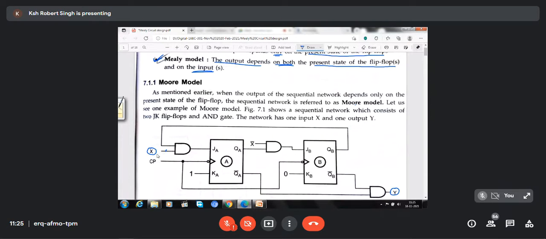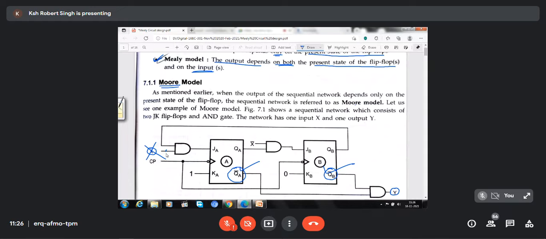The output Y depends on the state of the flip-flop. So this is a Moore model because output depends on the present state of the flip-flop, but not on the input.